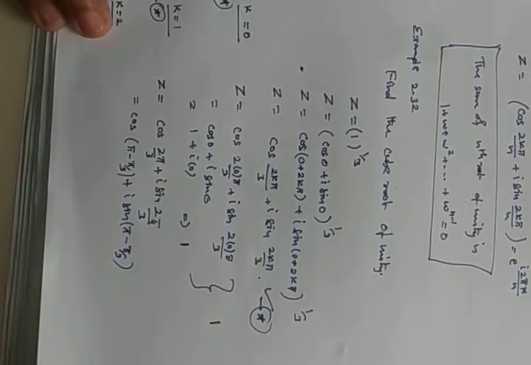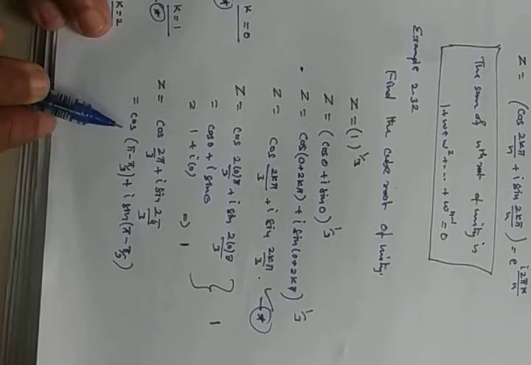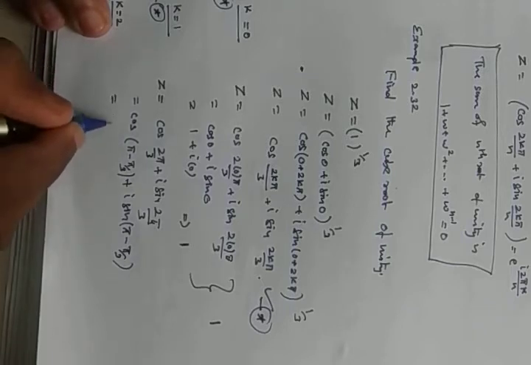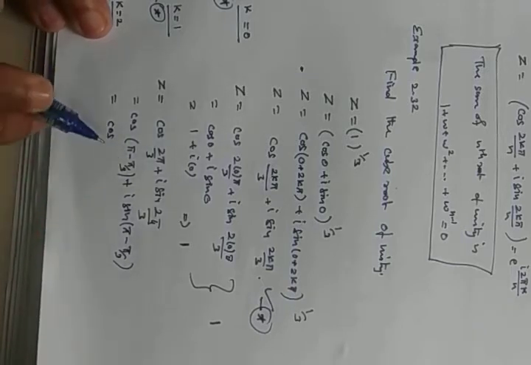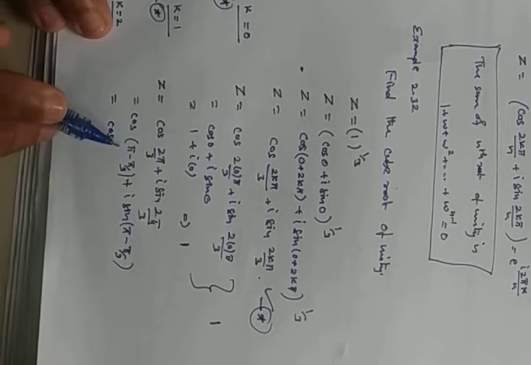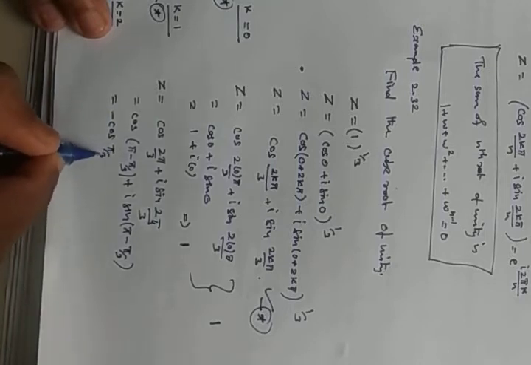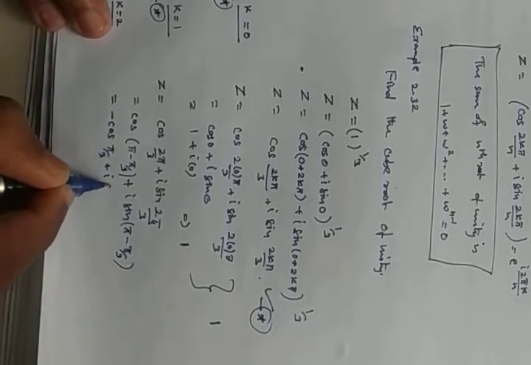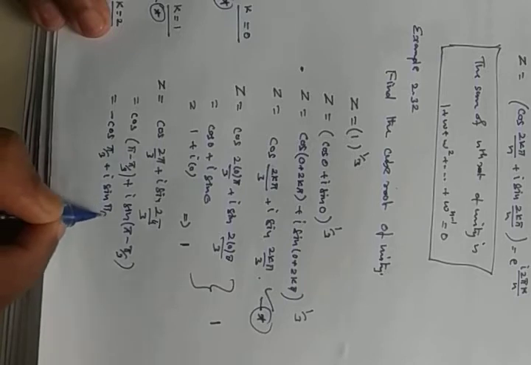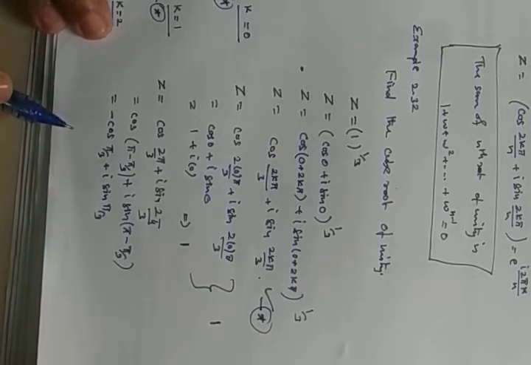These are all things you need to learn. Whenever π appears, the function stays the same, but check which quadrant it lies in. π minus θ lies in the second quadrant, where sine alone is positive, so cos becomes negative: −cos(π/3) + i sin(π/3). π by 3 is 180 divided by 3, which is 60 degrees.